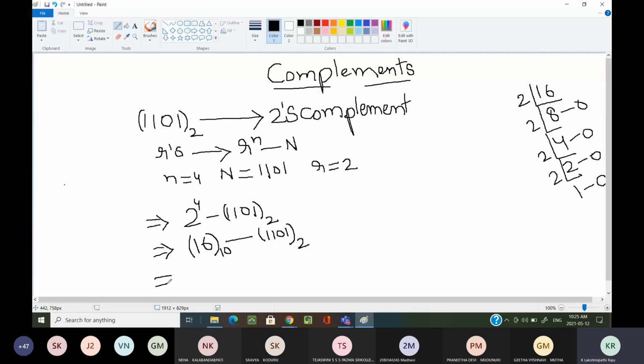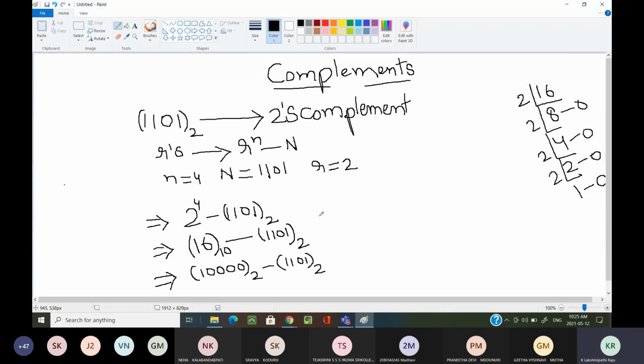Now what we are getting here is 1 followed by 4 zeros, of base 2, minus 1101 of base 2.